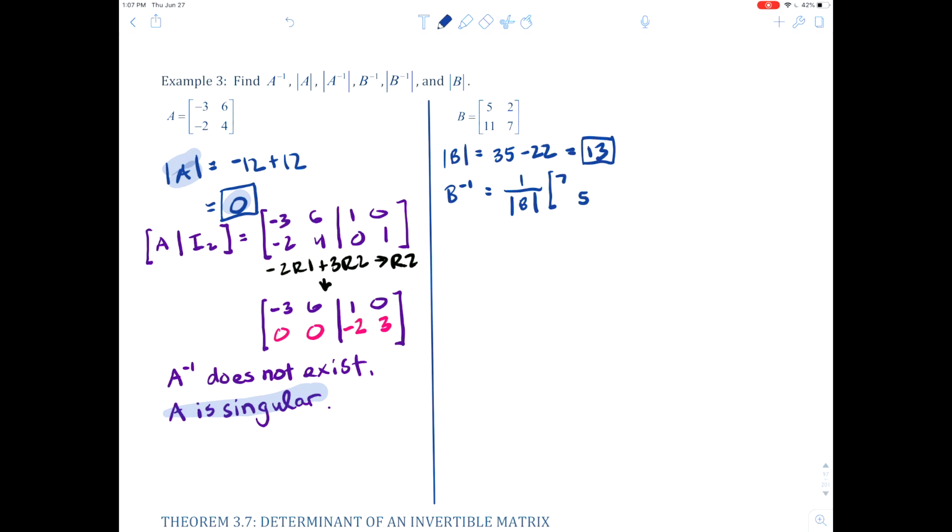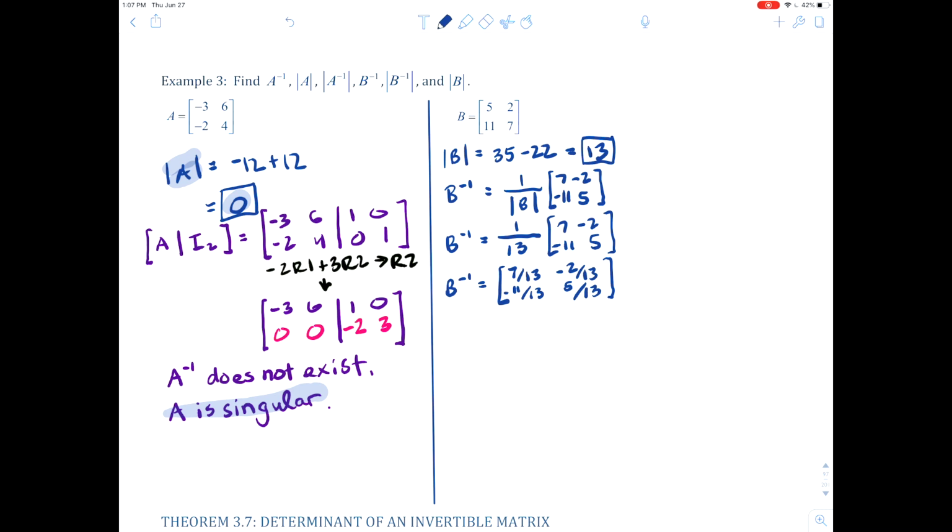We swapped the main diagonal entries, and we put opposite signs on the other entries. So B inverse will be 1 over 13 times the matrix 7, negative 2, negative 11, and 5. So B inverse will be 7 thirteenths, negative 2 thirteenths, negative 11 thirteenths, and 5 thirteenths.